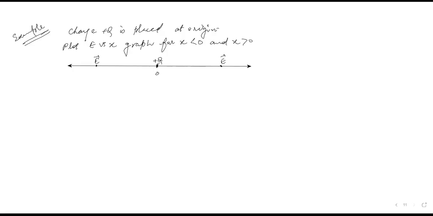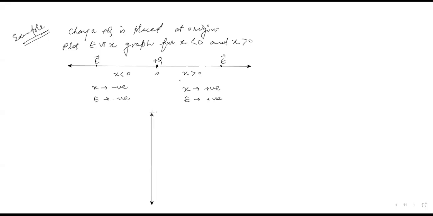For X greater than 0, X is positive, and then the electric field is also positive. But for X less than 0, X is negative, then E is also negative.